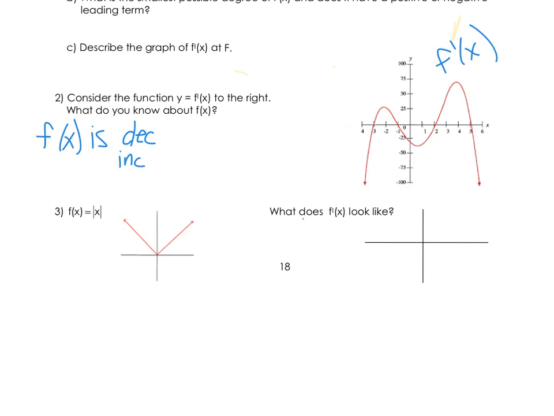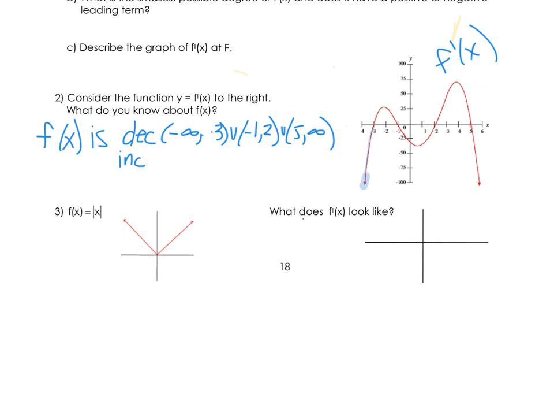F of x is decreasing from negative infinity to negative 3, negative 1 to 2, and 5 to infinity. How do I know that? Well, I'm just connecting it with wherever the derivative is below the x-axis.